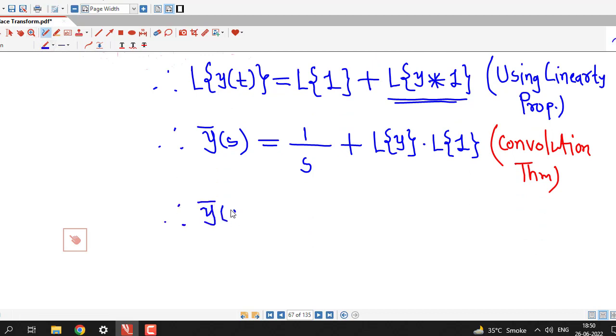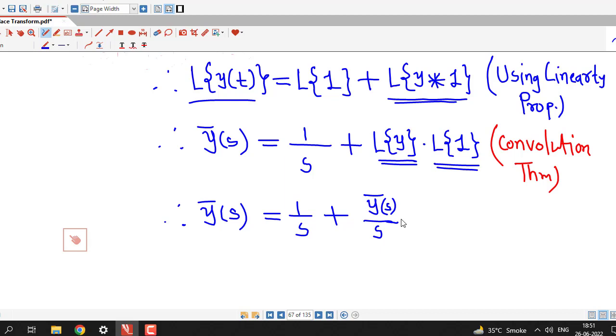Therefore y bar s equal to 1 by s plus y bar s by s. Laplace transform of y is denoted by y bar and Laplace transform of 1 is 1 by s. Therefore, we have y bar of s divided by s.